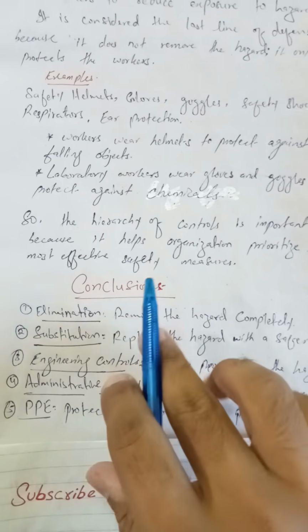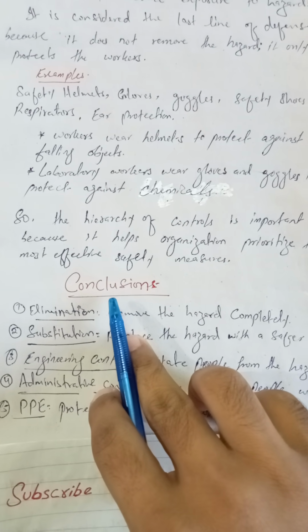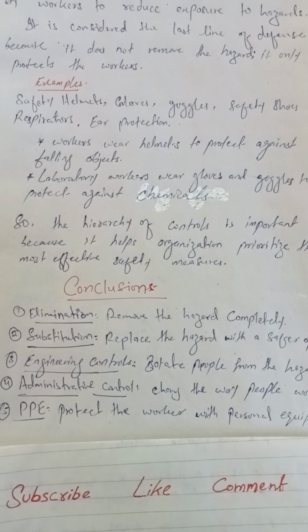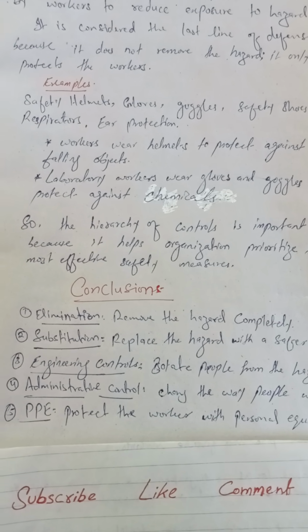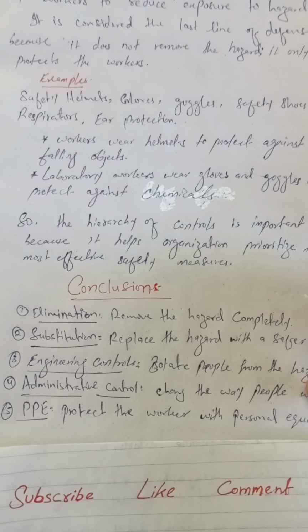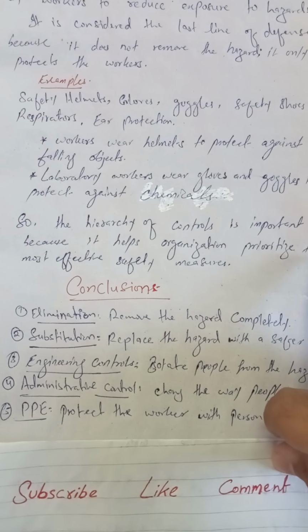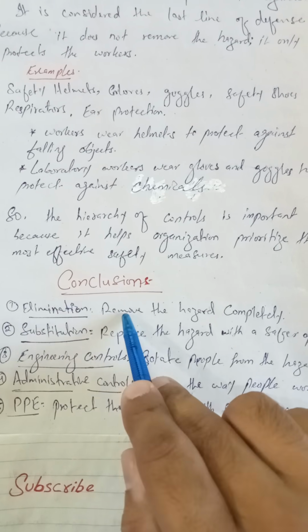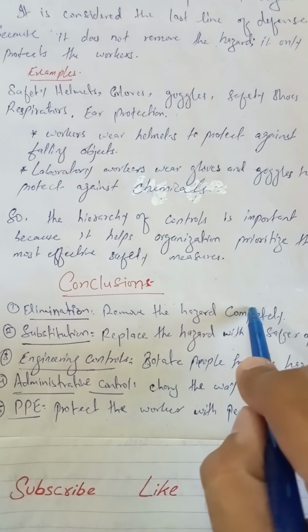Hopefully you understand these five controls. The first is elimination, then substitution, engineering controls, administrative controls, and the last is PPE. In conclusion, in short form: elimination means remove the hazard completely.